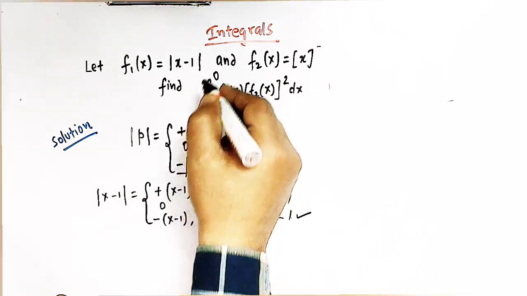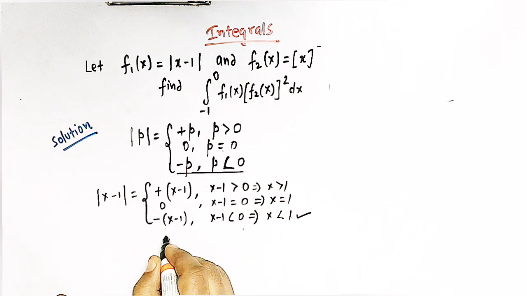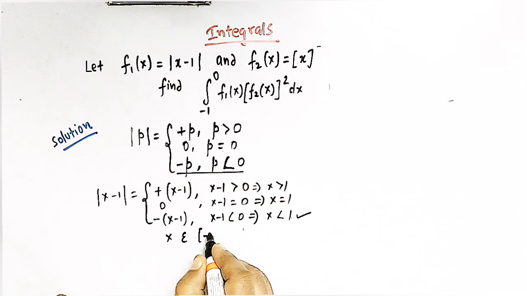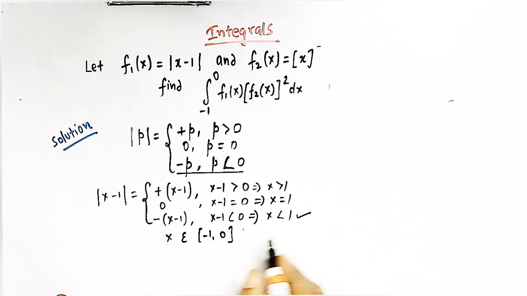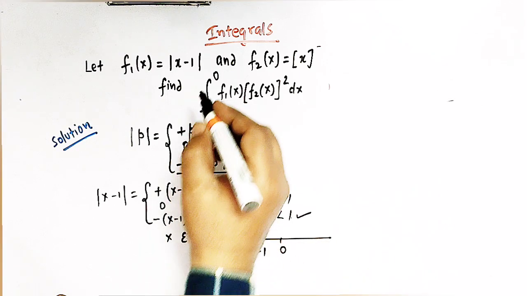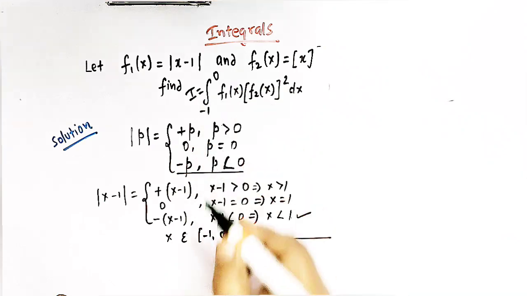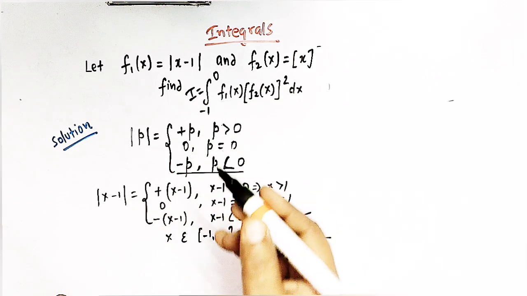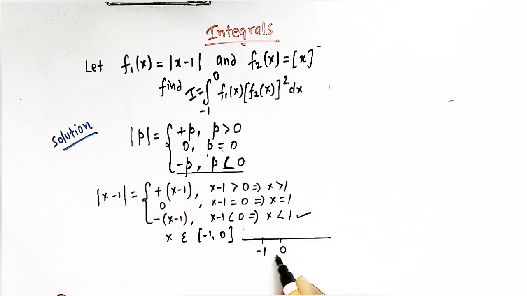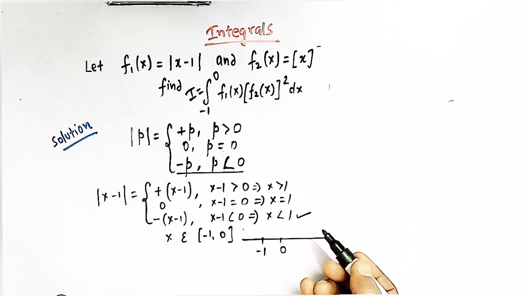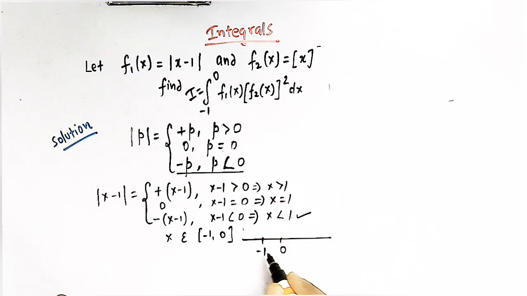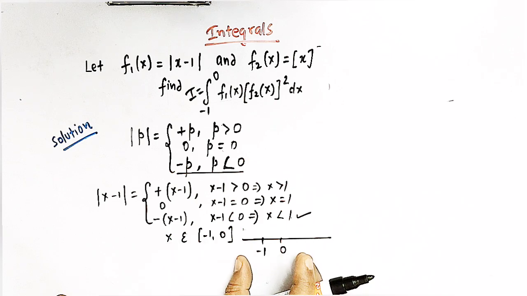So here we'll make use of this part of the definition, right? So here x varies from minus 1 to 0, right? So we have x belonging to the interval that is minus 1 to 0. So here we have 0 and here we have minus 1. So let us take this integral as I. So when we vary x from minus 1 to 0, then all the values of x are obviously less than 1, because all the x are falling between minus 1 and 0, right?